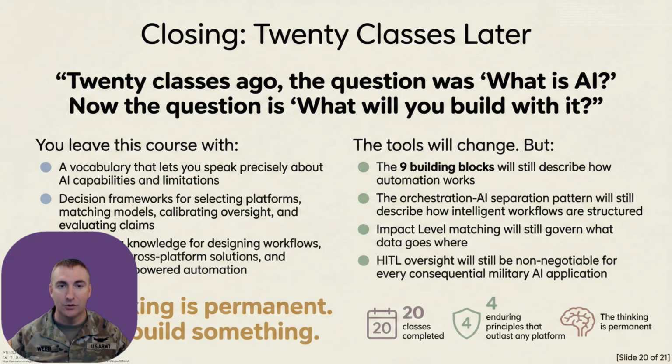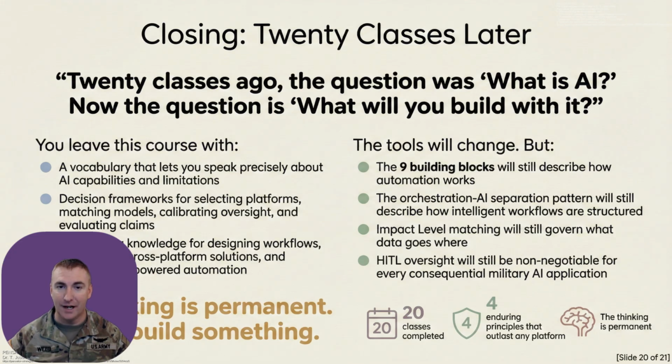You leave this course with a vocabulary, decision frameworks, and engineering knowledge that did not exist in your toolkit before Class 1. The tools will change, new platforms will emerge, but the 9 building blocks will still describe how automation works.